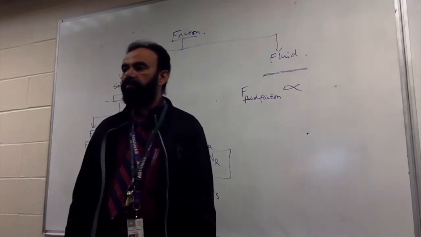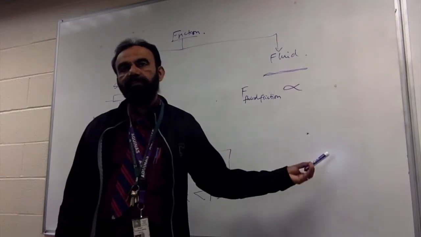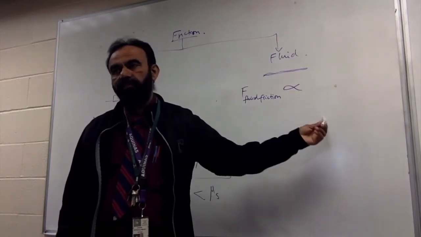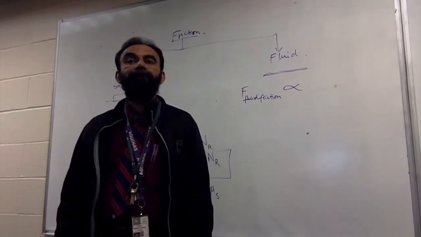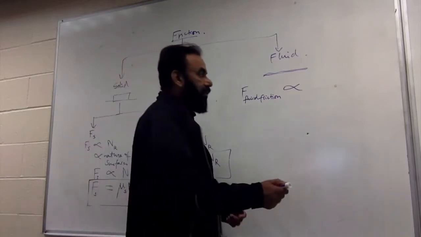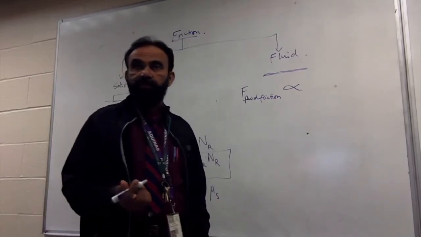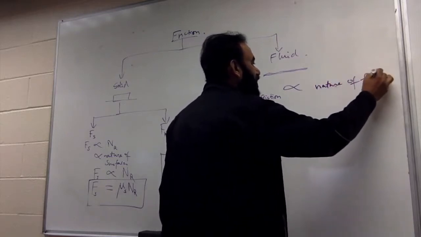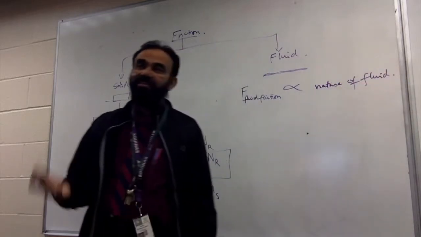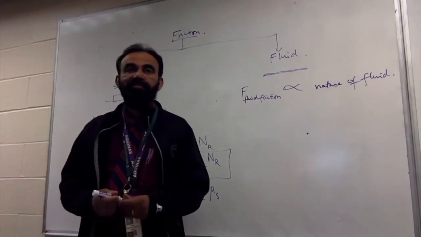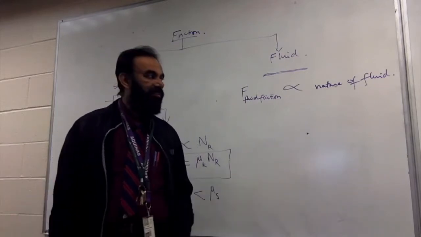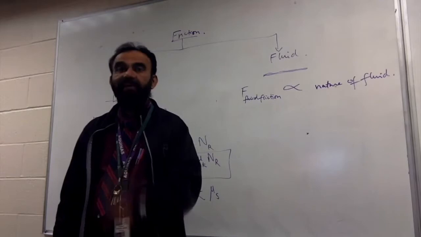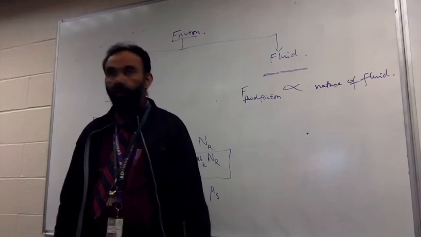Factors. What factors? Nature of fluid? Sure, yes. Nature of fluid, because when you say surfaces, automatically it means what kind of surfaces, and therefore nature of fluids. Is it air or is it water?